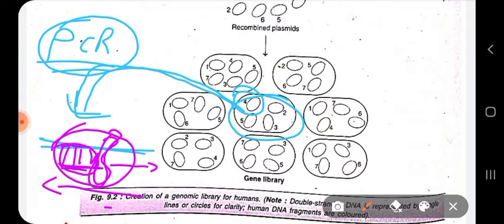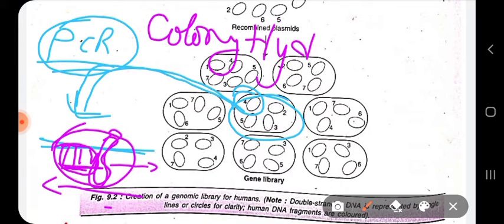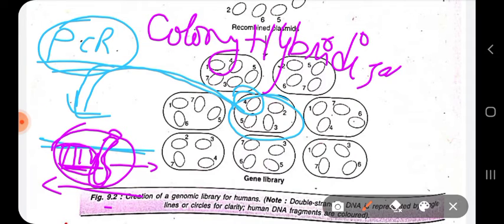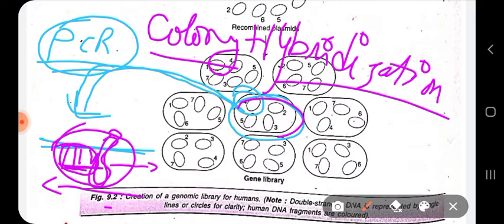So by PCR or by other techniques like the colony hybridization technique, which I will study just a bit after this lecture, we can use the same procedure for isolation of our desired DNA from the gene library.